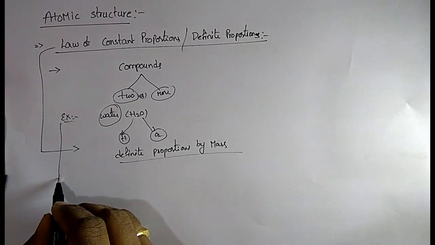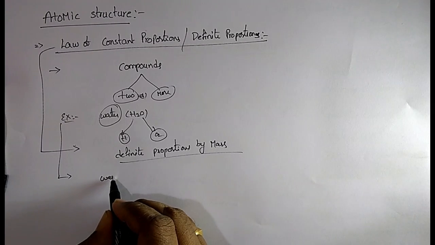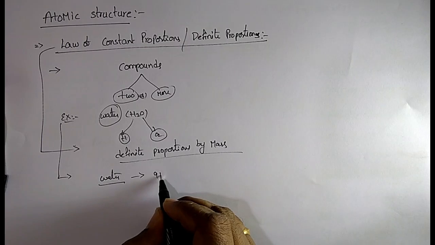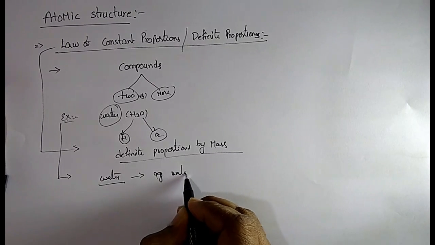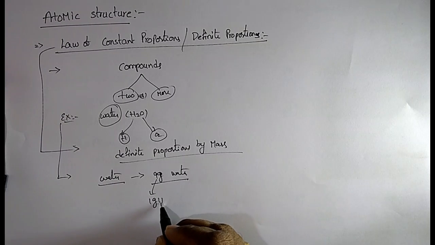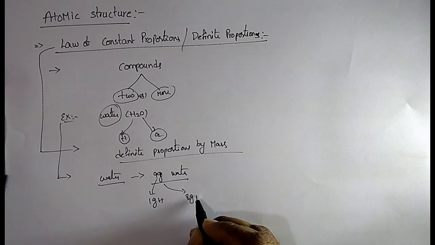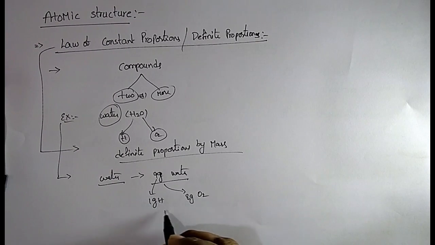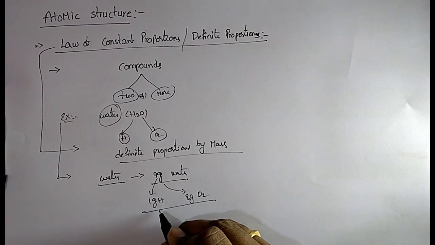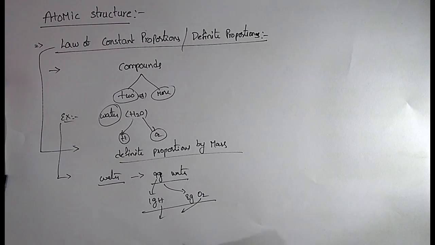That means, if you take the same example, water, and you take 9 grams of water, here 1 gram is hydrogen and 8 grams is oxygen. So the masses of hydrogen and oxygen are in the proportion of 1:8.